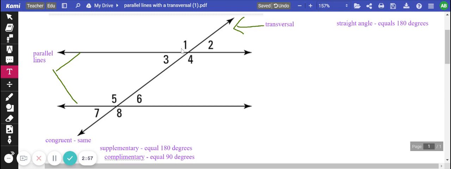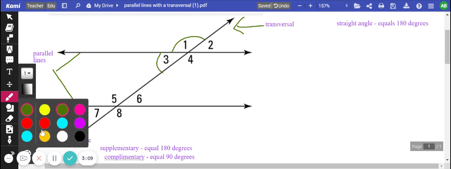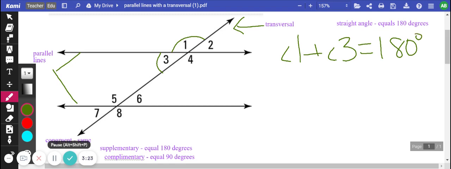Okay, so that means that when we add angle 1 and angle 3 together, they must equal 180 degrees because they are a straight angle.